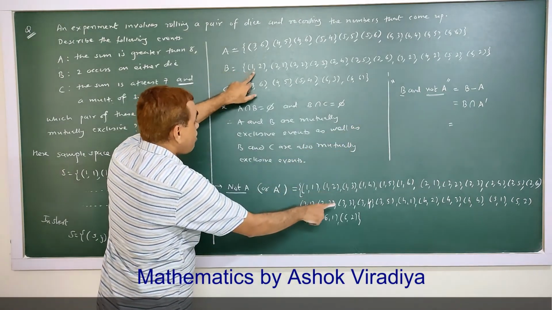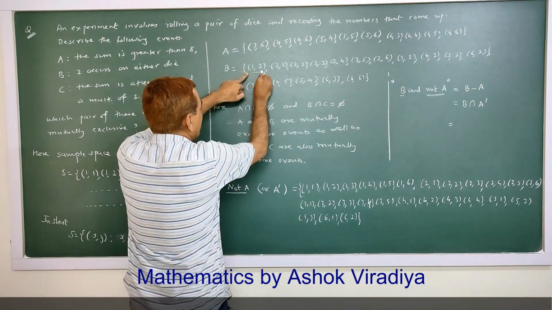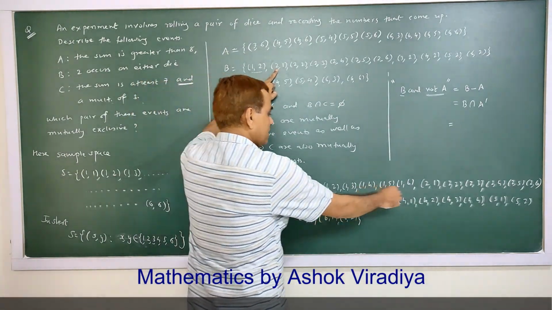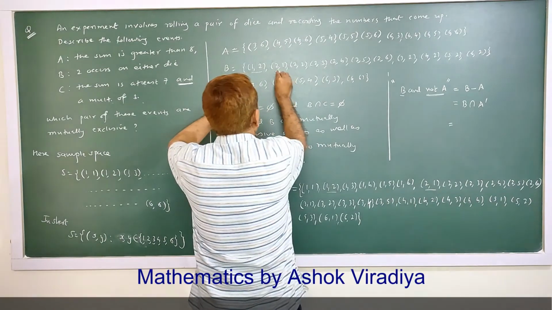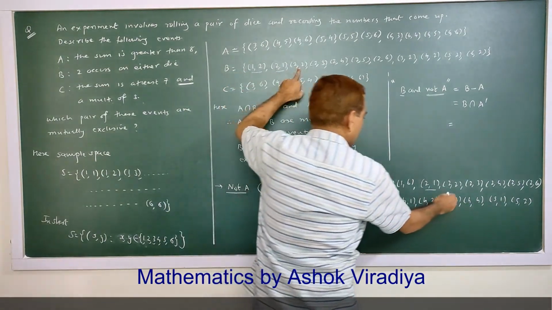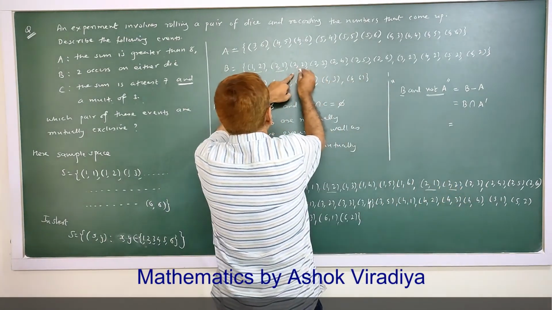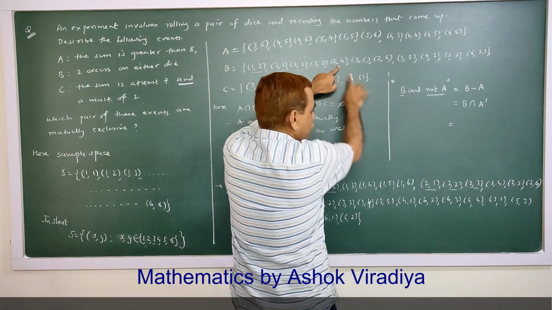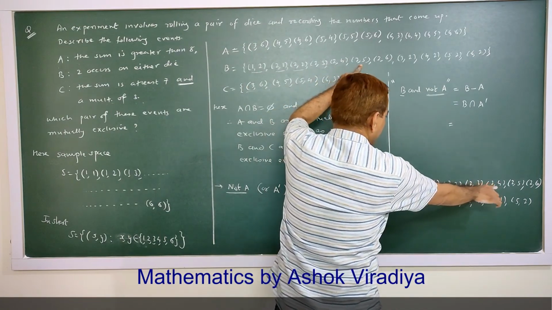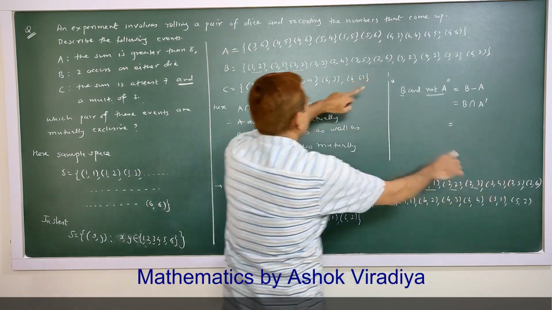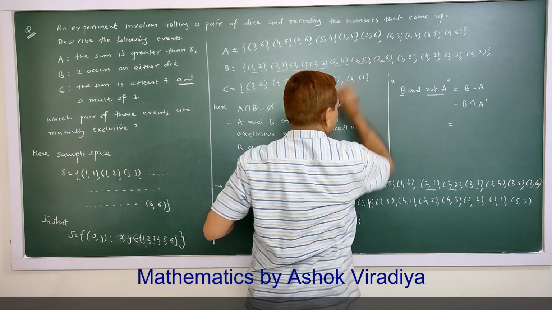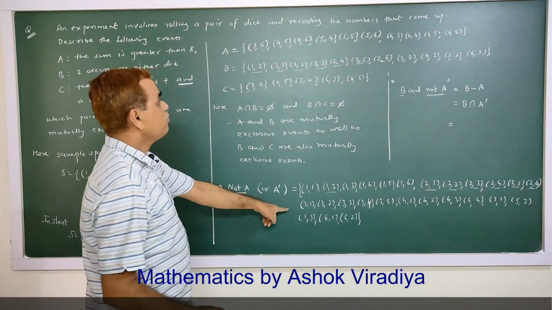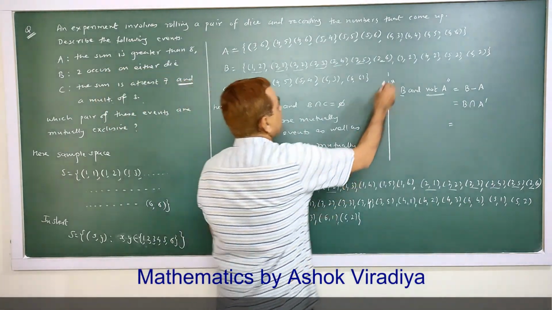Intersection means check common. So which are common? 1 2 is common. 2 1 is also common, 2 2 is common, 2 3 is also common, 2 4 is also common, 2 5 is common, 2 6 is common. So these are common. Then 3 1 not common, 3 2 is common.